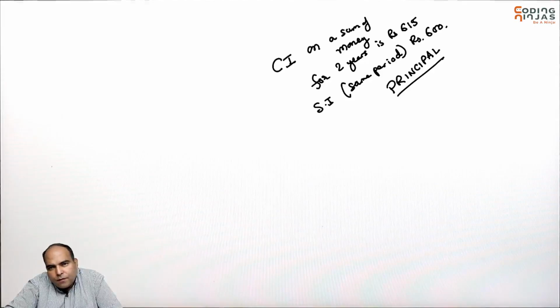Now we have learned this in simple interest that every year the interest charged on a value is the same. The interest annually, year after year, remains the same. And that's where you pick up this question from.